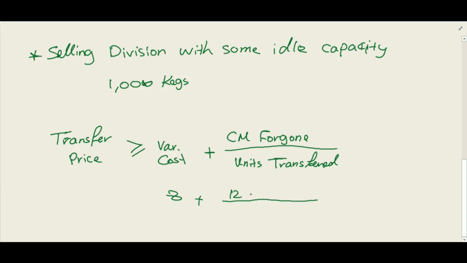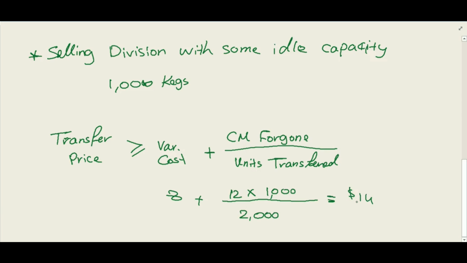So it's $12 per unit contribution margin multiplied by the 1,000 units that should be cancelled from the sales to the outside market, divided by 2,000 units that would be transferred to the restaurant. If you do the math, that will give you $14.